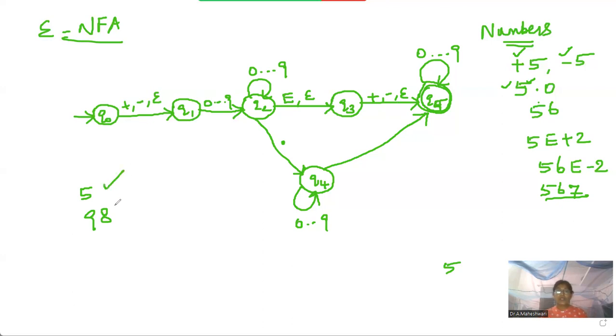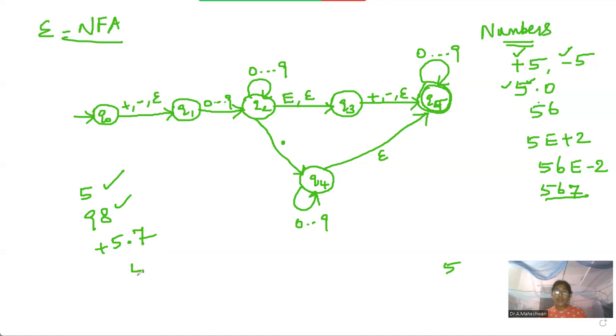This is satisfied. Suppose plus 5.7. Plus is recognized from the initial state to Q1. Then 5 is recognized. Then the decimal point, it goes here, and 7 is recognized here. From this to this, I'll give an empty string. Without reading an input symbol, it moves directly from one state to another. So this is also okay.